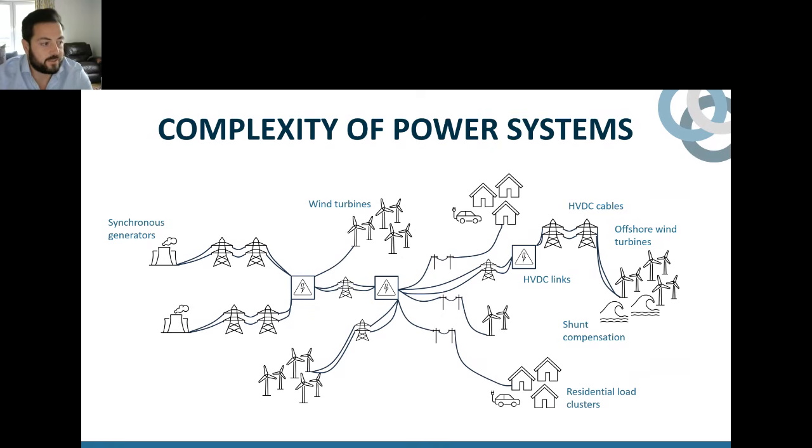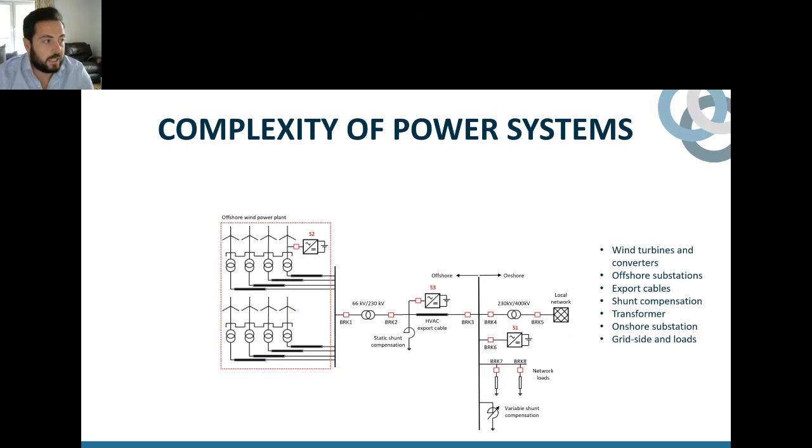So this complexity is what makes studying and managing modern power systems such a big challenge. And this complexity is not only visible on a bigger scale, like I was showing before. If you look, for example, at this plot here, which is basically a one-line diagram of an offshore wind farm, you can see already that there are many elements involved here which can cause such interactions.